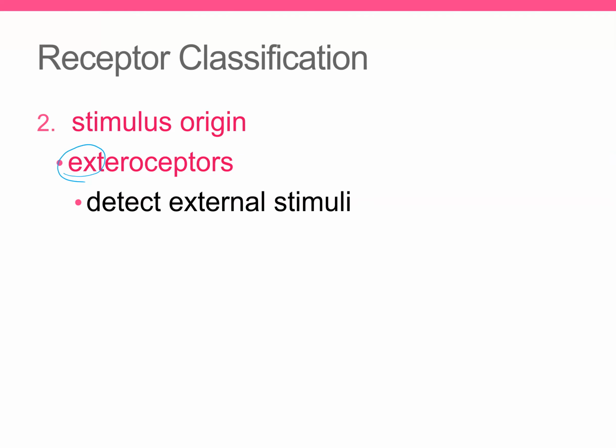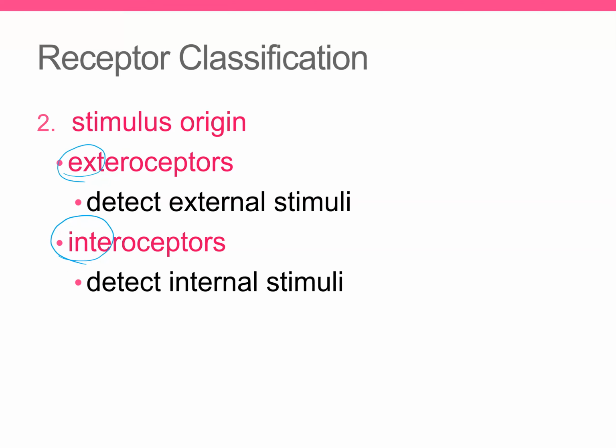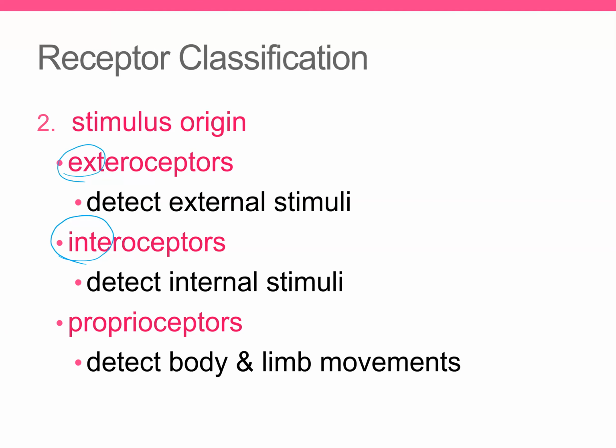These types of receptors detect stimuli from outside of your body, so external stimuli. Interoceptors, like internal. They detect stimuli from the internal body. And then proprioceptors, these detect stimuli about your body's movements or your limbs, your arms and your legs movements.